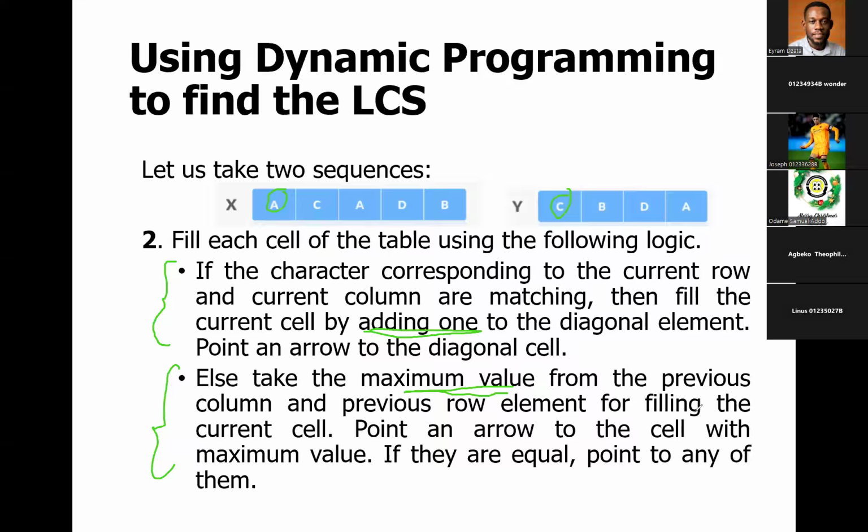Then we fill the current cell. So we point the arrow to the cell with the maximum value, and if they are equal, we point to any of them.